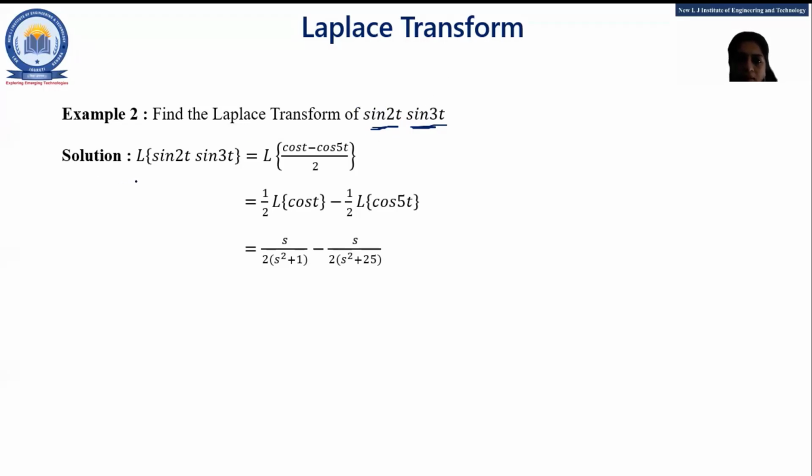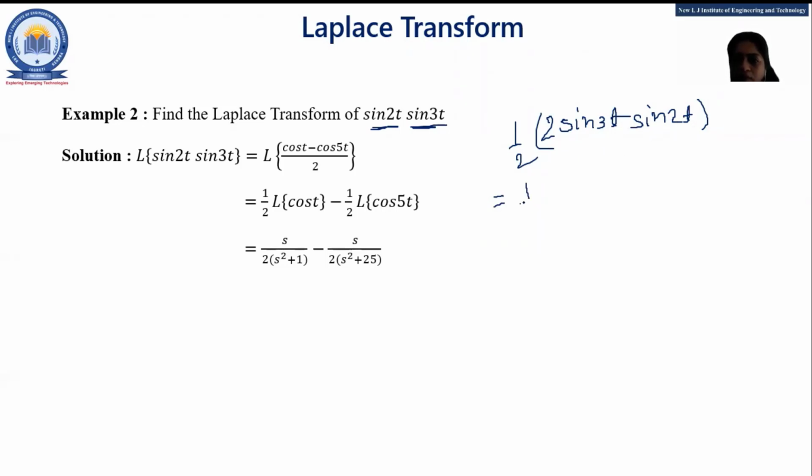So for finding this Laplace of sin 2t sin 3t, we apply the 2 sin A sin B formula. And what is that? See, 2 sin A sin B is... this is sin 3t. I put sin 3t first and then sin 2t, right? So I multiply with 2 and divide with 2. So this sin 3t into sin 2t will convert into 2 sin A sin B, that is cos(A minus B) minus cos(A plus B), right?